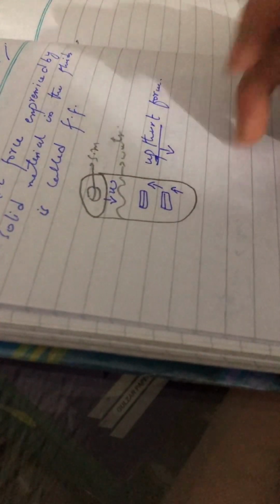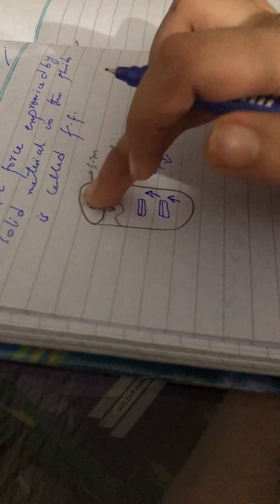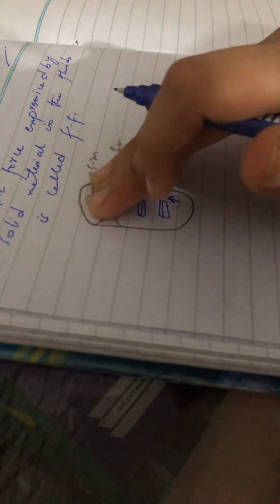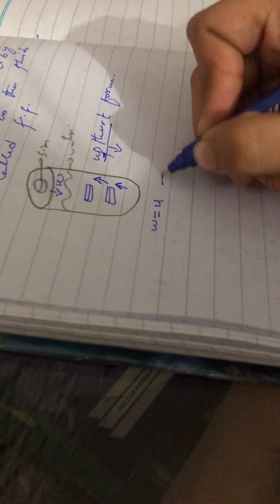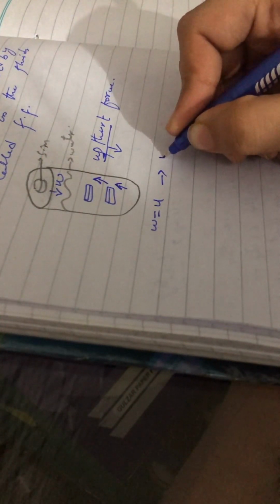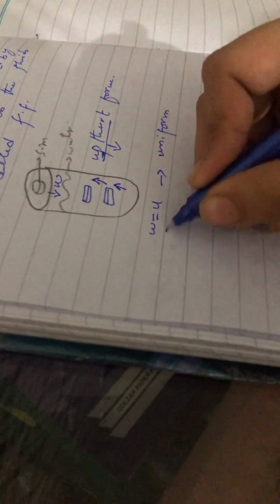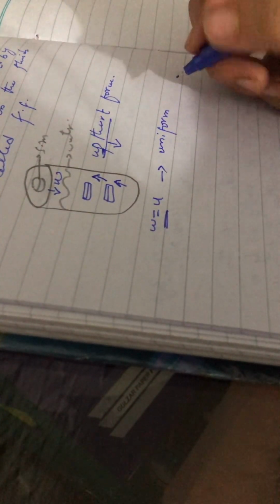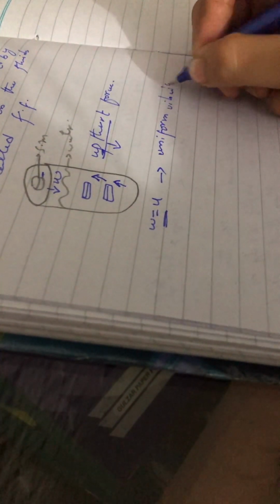So when the upthrust force pushes that substance upward, and the weight pushes it downward, the weight and the upthrust force will be equal, so that solid substance will move with uniform velocity.